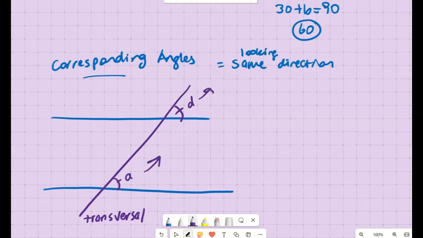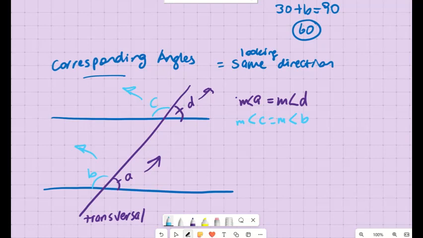So the measure of angle A and the measure of angle D are equal. And then let's say this is B, and this is C. These are also looking at the same direction. The measure of angle C is equal to the measure of angle B. I keep saying congruent for no reason. This is equal, because we are talking about numbers.